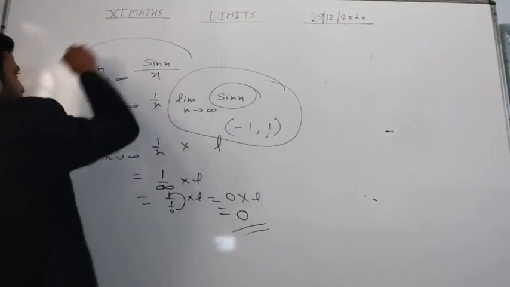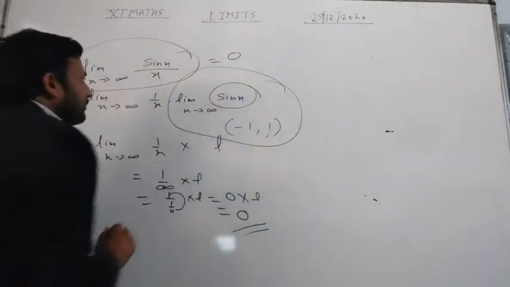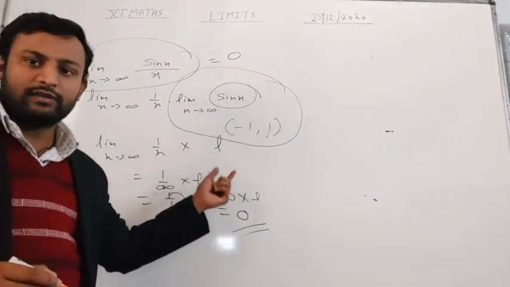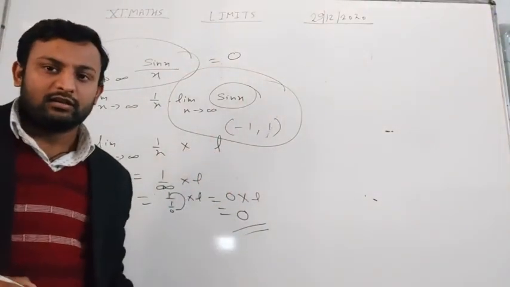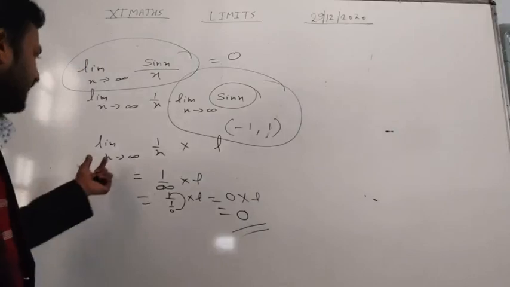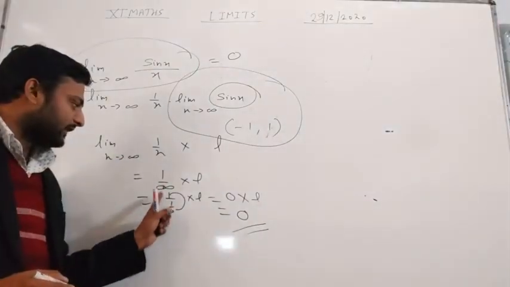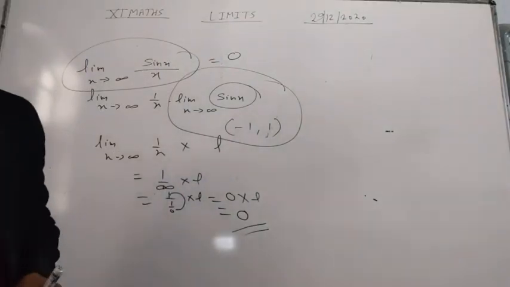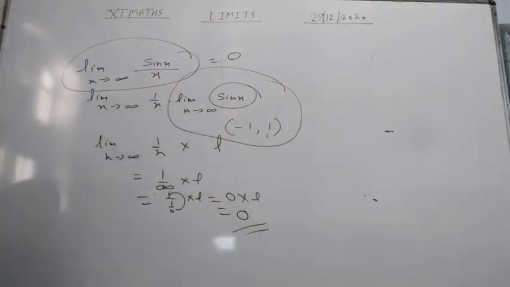Because this term is finite, we suppose it is some constant L, and the other term is 1 by infinite, which gives us 0. So the whole result will be equal to 0. I hope you understand students.